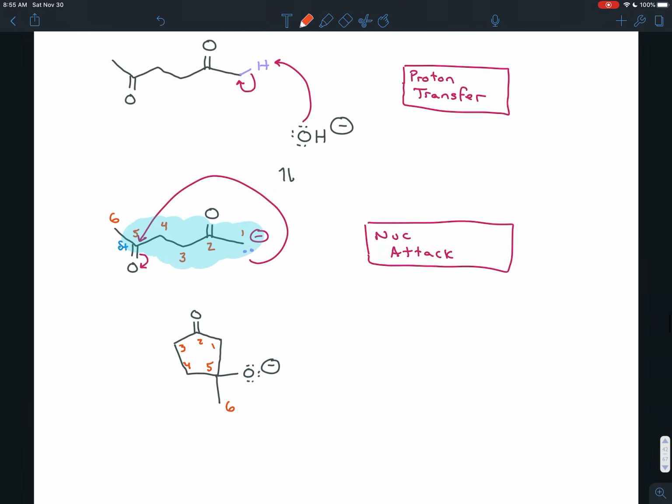Now, once you have that, you're going to stabilize that negative oxygen by doing a proton transfer from water. This is why it's important to have water in that recipe. So it attacks that.